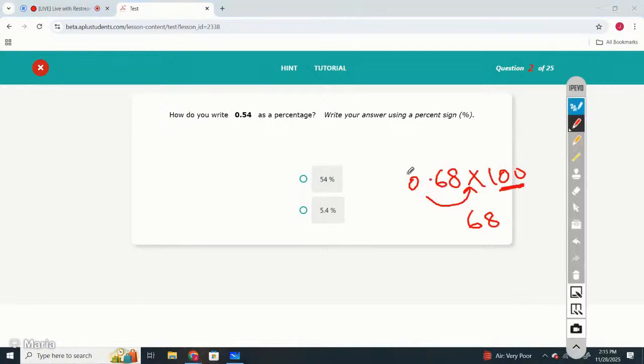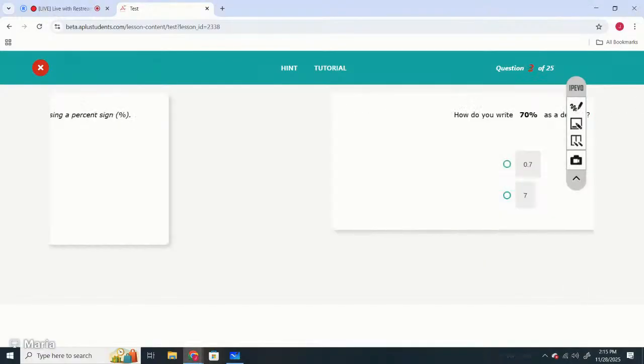So again, we have 0.54 as a percentage. We need to multiply it by 100. So 0.54 times 100, we move the decimal point two places right. So that is 54%. The correct option is 54%. Option number 1 is the correct option.